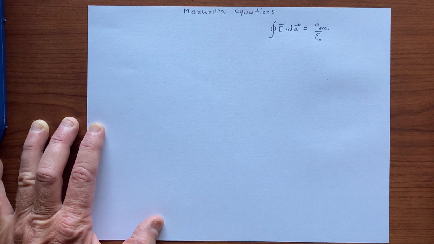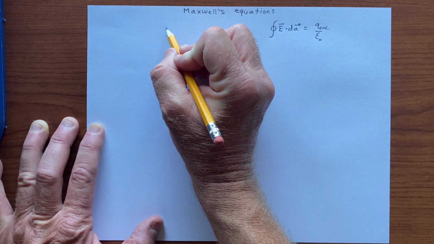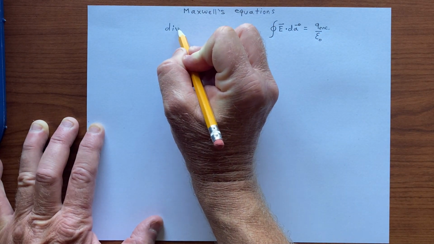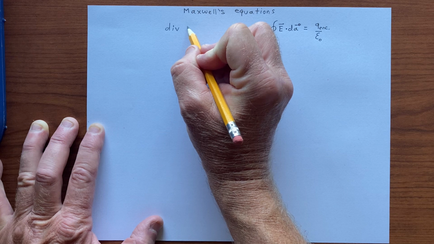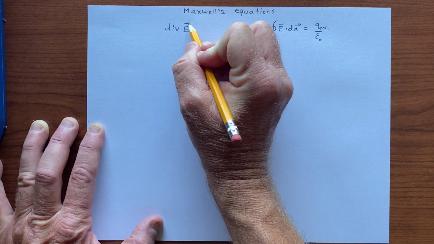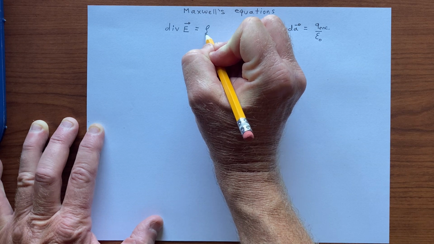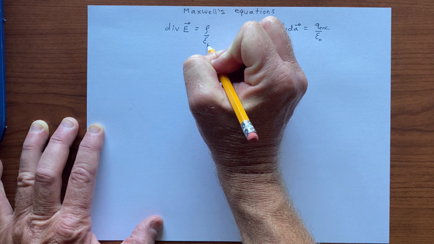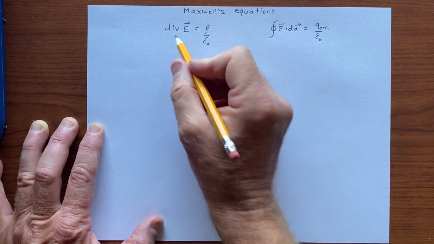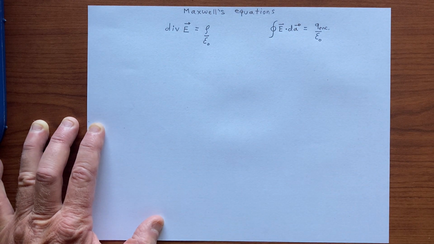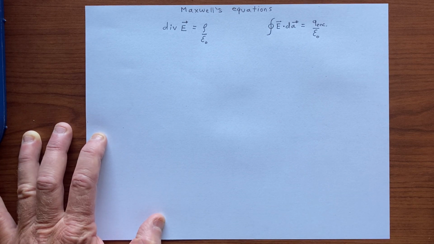And we know that there is a differential version, which we have not explored mathematically, the concept of the divergence of the electric field being equal to the charge density over epsilon naught.